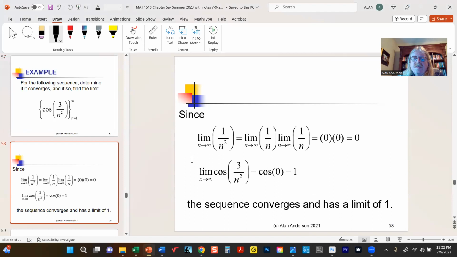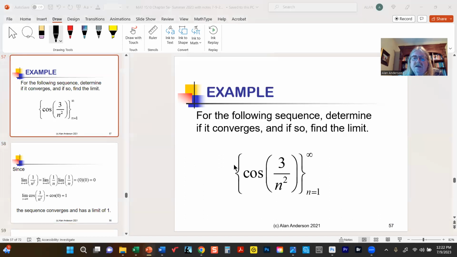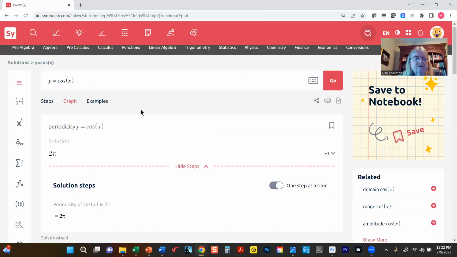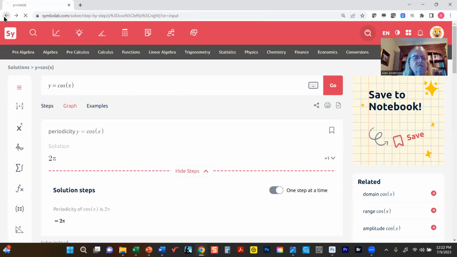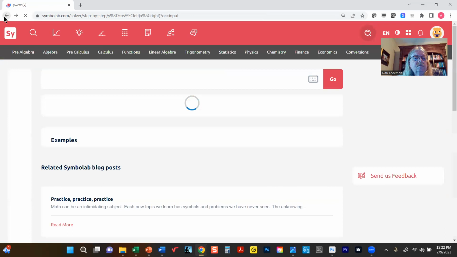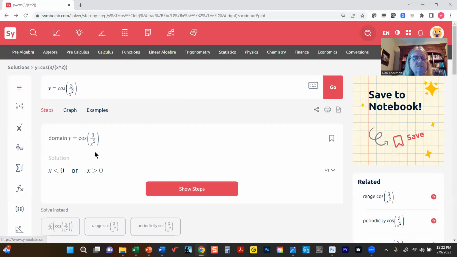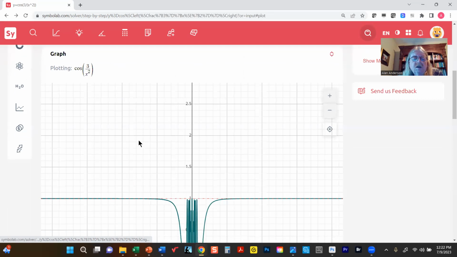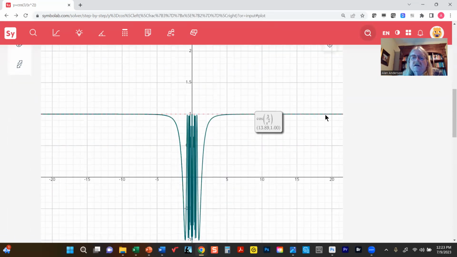So here, this one is different because we're dividing out by n squared. Let's go back to that graph again. Yeah, you can see there is an asymptote here, 1. So as x approaches infinity, this function is approaching 1.